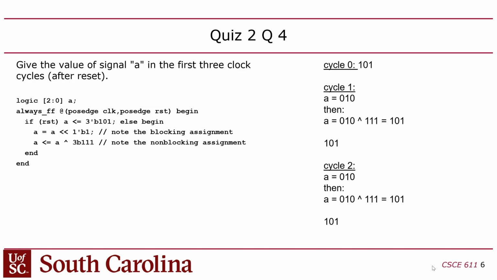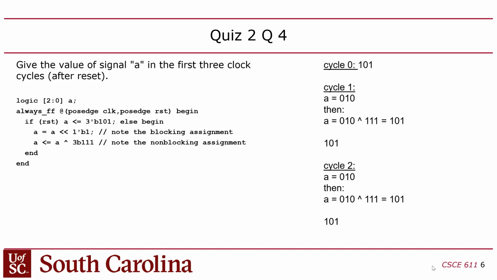Okay? So in cycle 1, A is first going to be shifted to the left by 1 bit. So basically we drop that first 1, and then we have a 01, and then we shift in a 0.